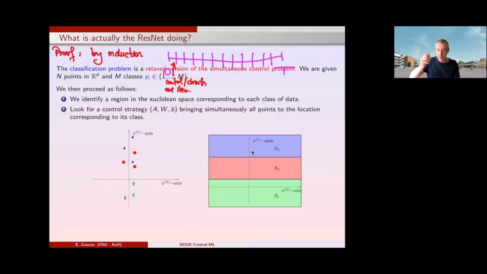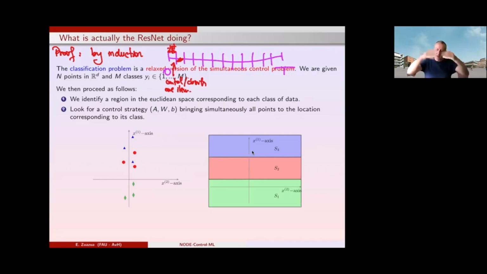Of course, and this is typical in control theory when you are addressing the control of the dynamics in an iterative manner, it is very important that if in the first subinterval I have controlled or placed correctly the first item, then when in the second subinterval I consider the classification or the control of the second item, I don't undo what I have done for the first item.